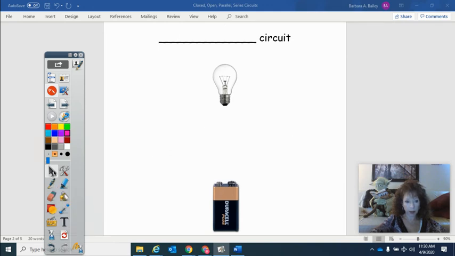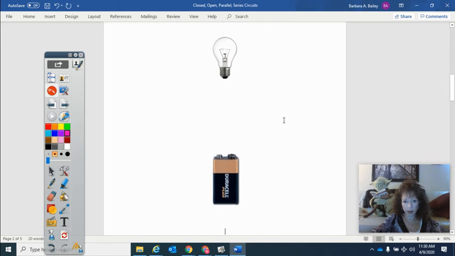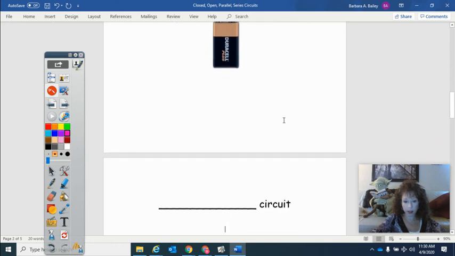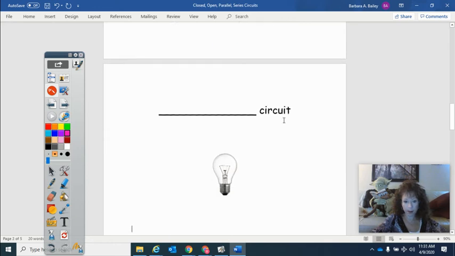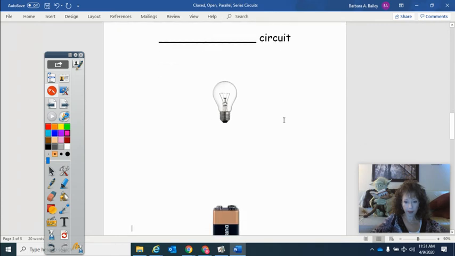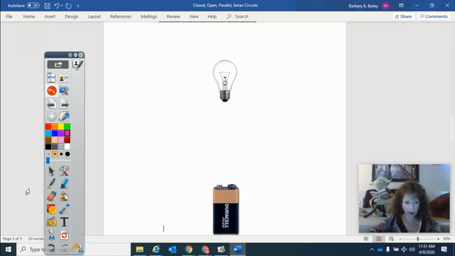Okay, so if we have closed circuits, well, the opposite of that is open. So now we're going to draw an open circuit. And still the electricity is flowing from the negative terminal. Let's say we have a switch.